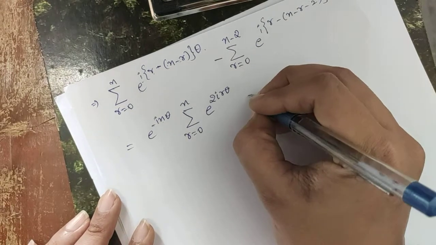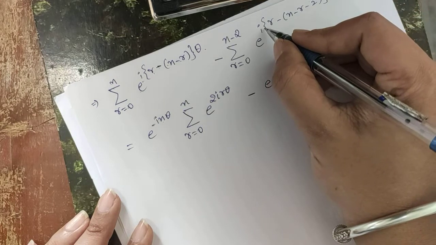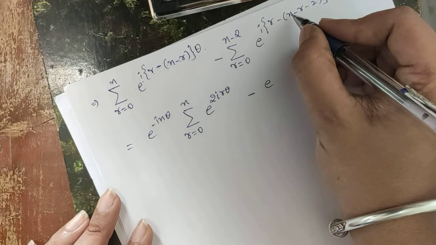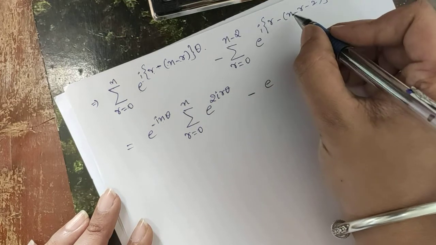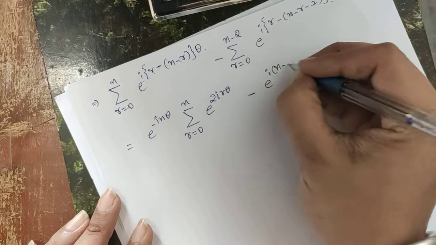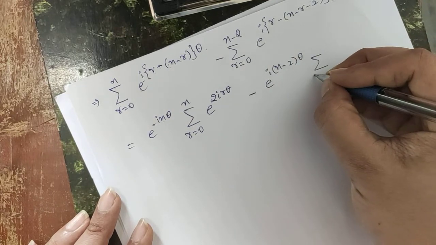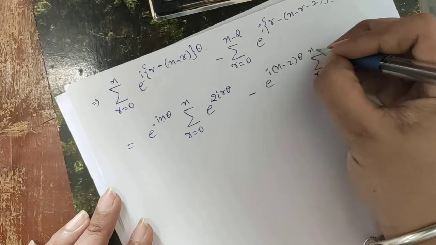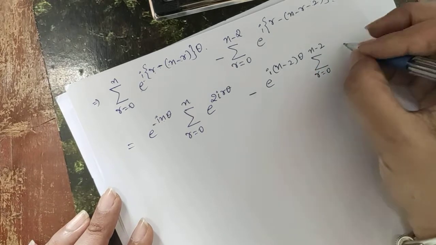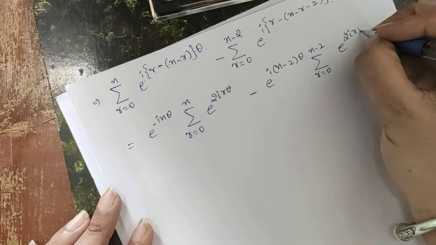Right? Similarly, here I will consider e power i(n minus 2) theta into summation r is equal to 0 to n minus 2, e power 2 i r theta.